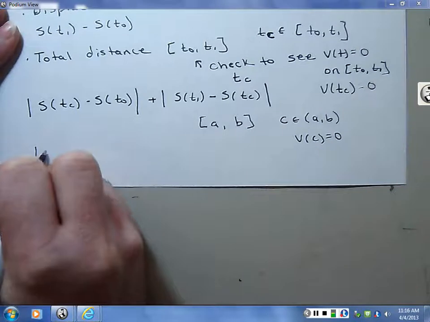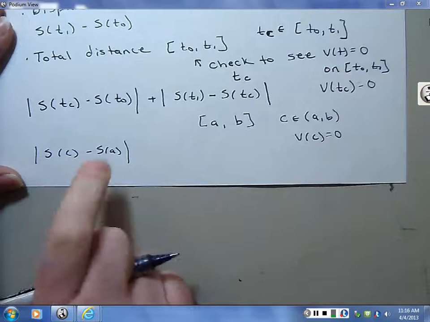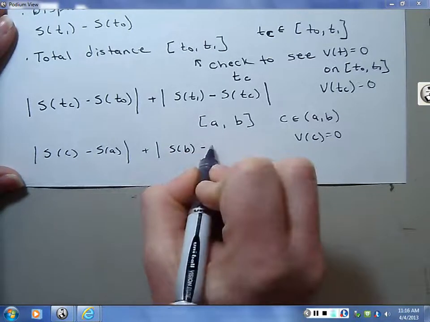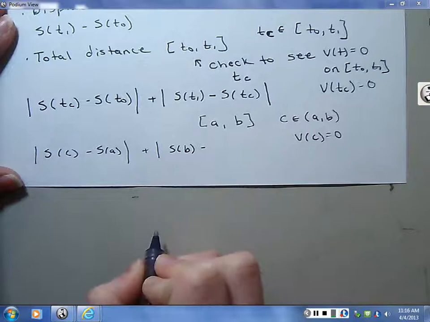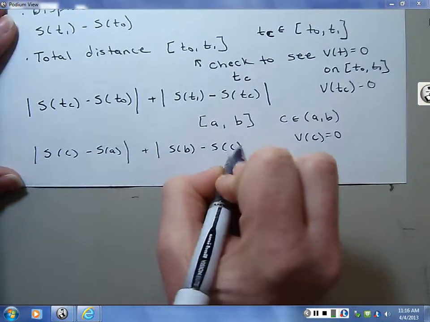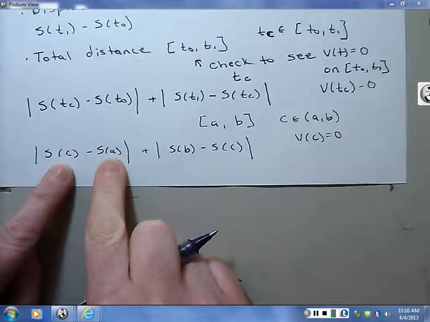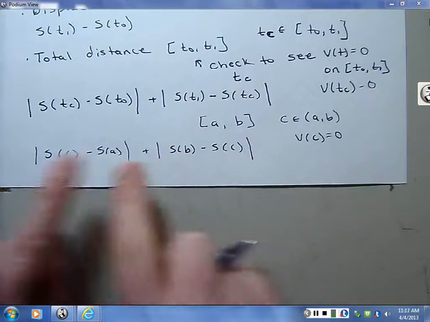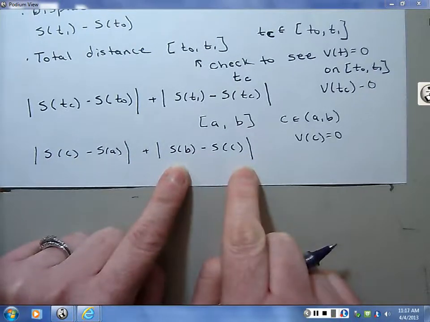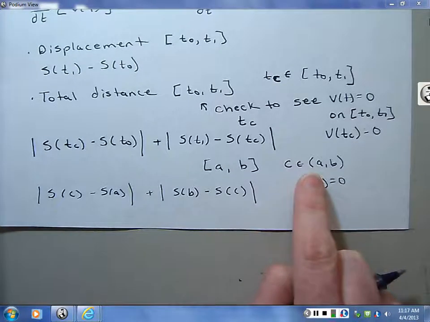This is going to be S at C minus S at A, the displacement between C and A, plus the position at B minus the position at C. So this is the change in position from A to C, and this is the change in position from C to B, because C is between them. C is an element of it, so it can't be A and it can't be B.